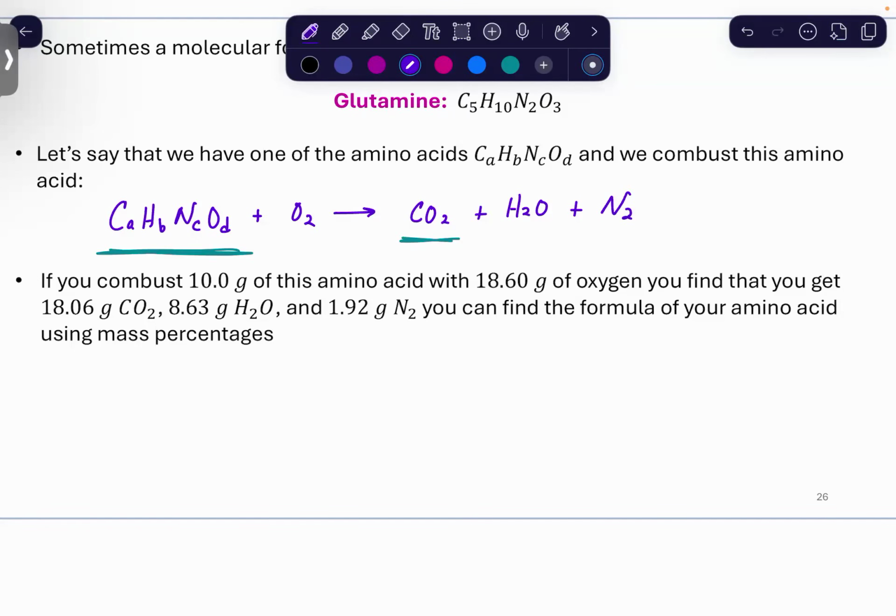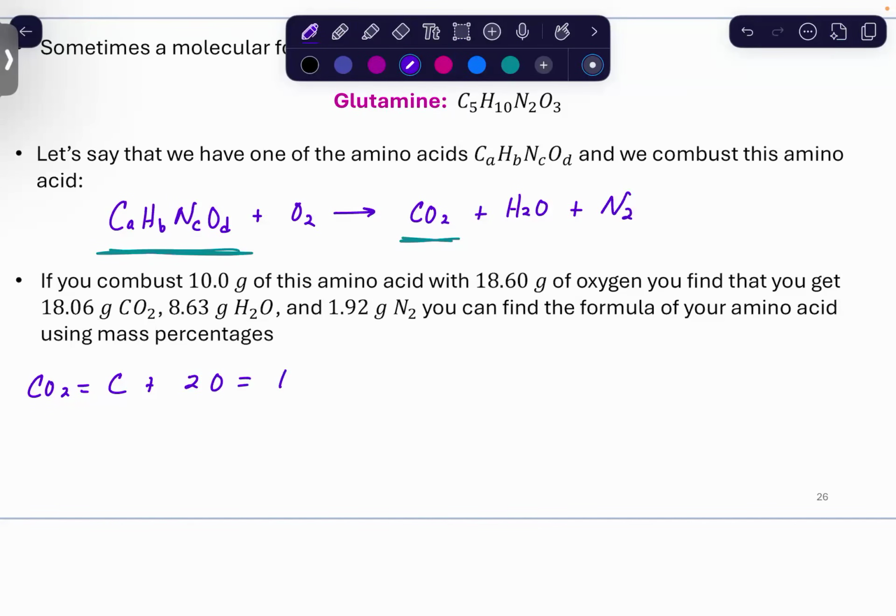Okay, so the first thing I'm going to want is my molar mass of CO2, because I want to find the mass of carbon in CO2. One carbon plus two oxygens.